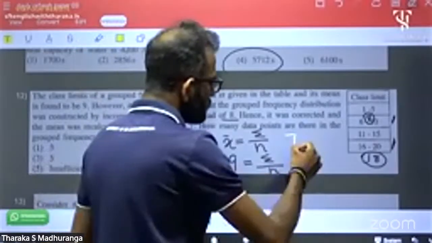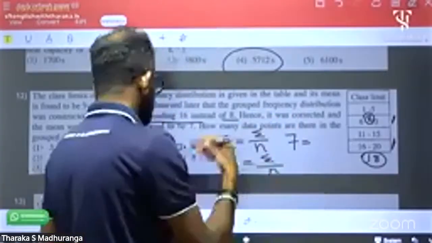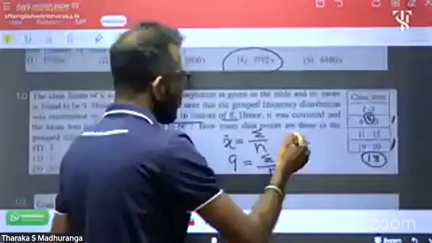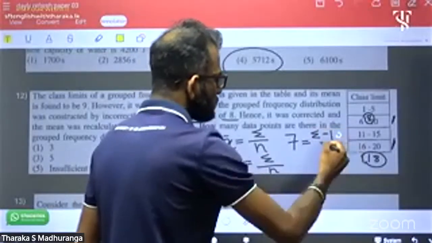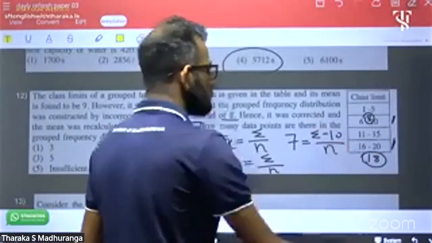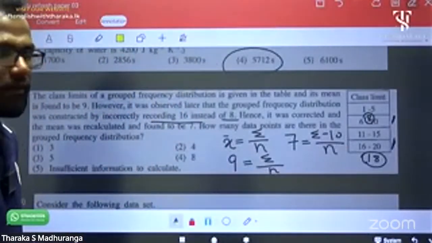After correcting this, the mean was 7: sigma minus 10 over n.